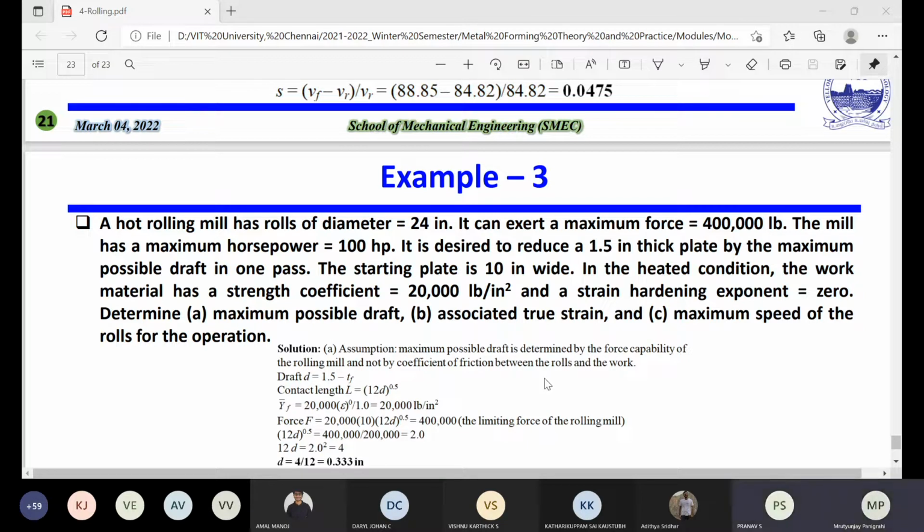Yes, sir. I understood. And the second part is asking for the associated true strain. So that means you have to find out the epsilon. So epsilon equals ln T0 by Tf.